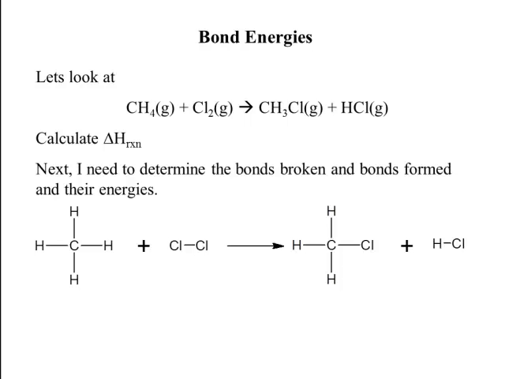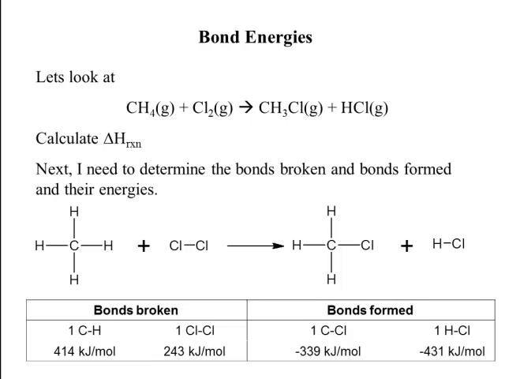Now, instead of breaking every single bond and breaking everything up into their atoms and then recombining all those atoms, we can simplify this by just looking at what bonds are actually being broken and what bonds are actually being formed. Right? Where are the changes going to occur? Okay, so when I look at this, really all I'm doing is I'm breaking 1 carbon-hydrogen bond, I'm breaking the Cl-Cl bond, and then I'm forming 1 carbon-chlorine bond and 1 HCl bond.